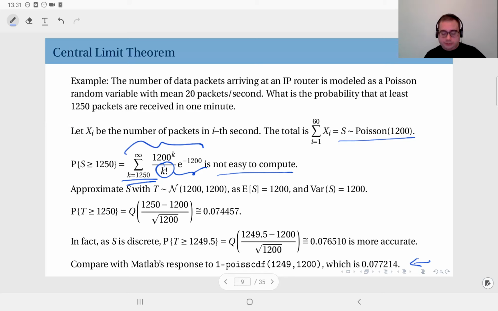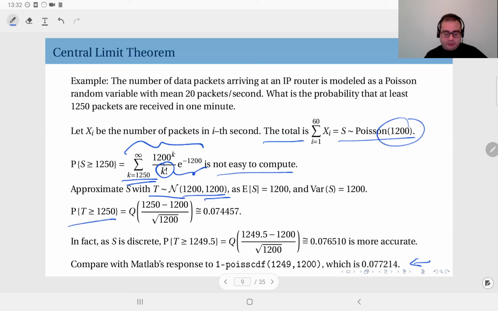Alternatively, you can approximate this as a Gaussian. We know the mean to be 1200. We also know that the variance of a Poisson random variable is equal to its mean, so the variance is also 1200. Therefore, we can approximate the total number of packets in 1 minute as a Gaussian with a mean of 1200 and a variance of 1200.